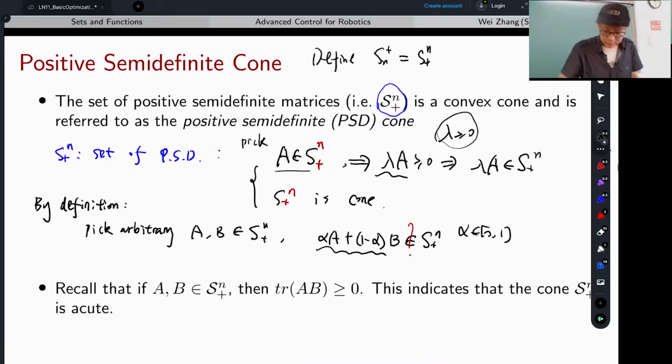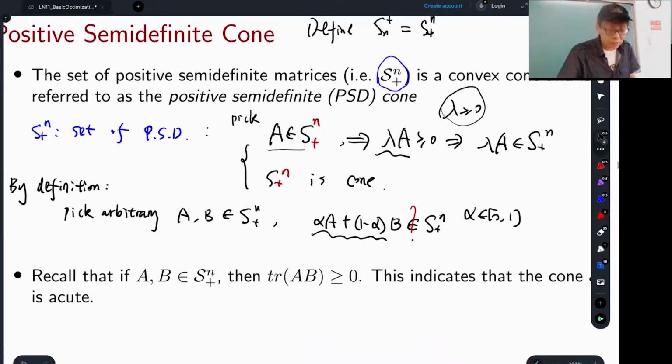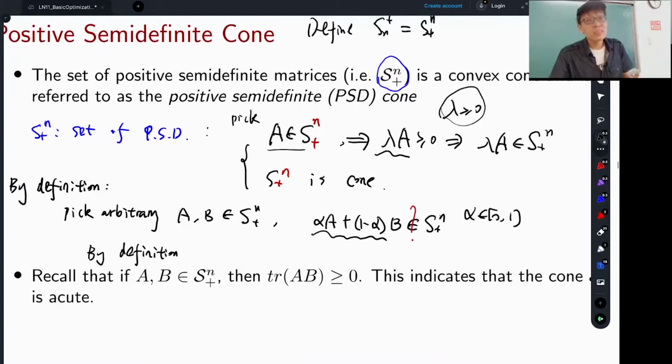How to prove it? By definition. I just asked you to prove something is positive semi-definite, so by definition of positive semi-definite matrices, you should be able to prove it.